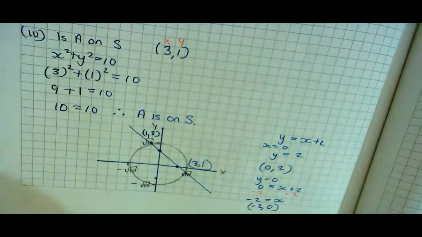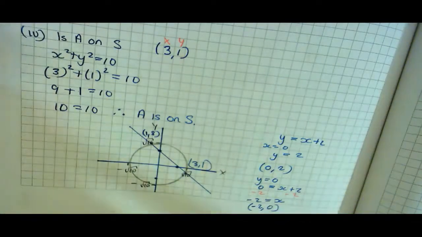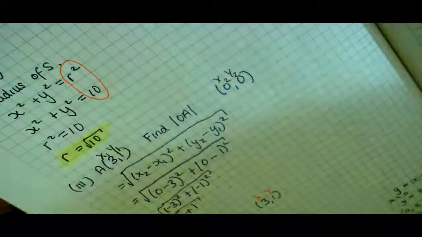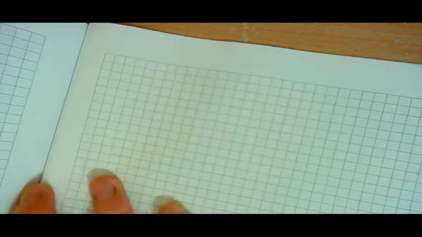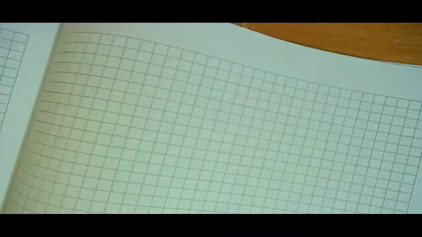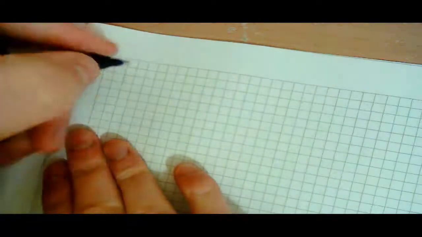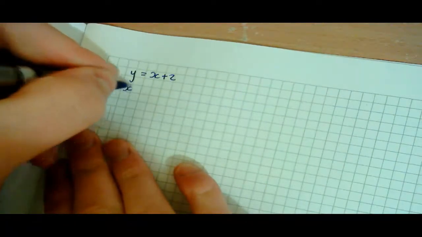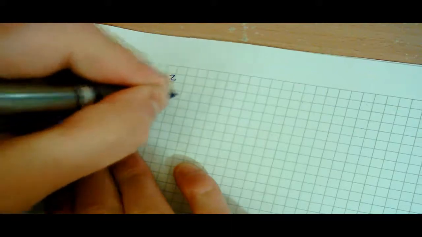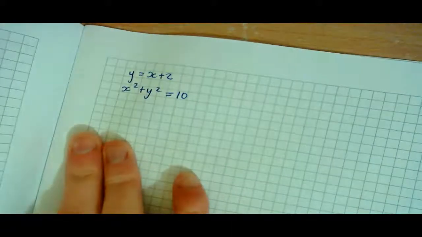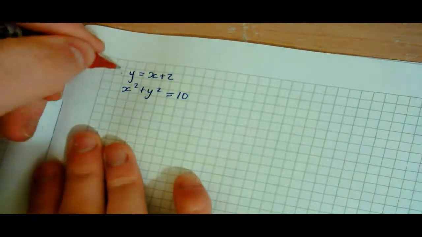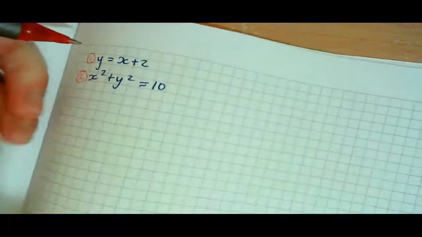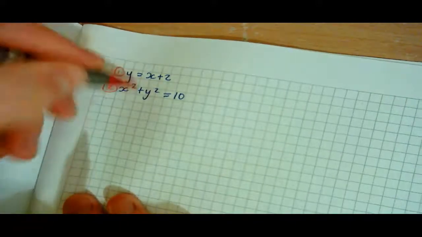Okay. And then it asked me to verify my answer using simultaneous equations. So using my simultaneous equations, then I have my y is equal to x plus 2, and I have x squared plus y squared is equal to 10. So the equation already has y on its own, so I'm just going to sub in for y.